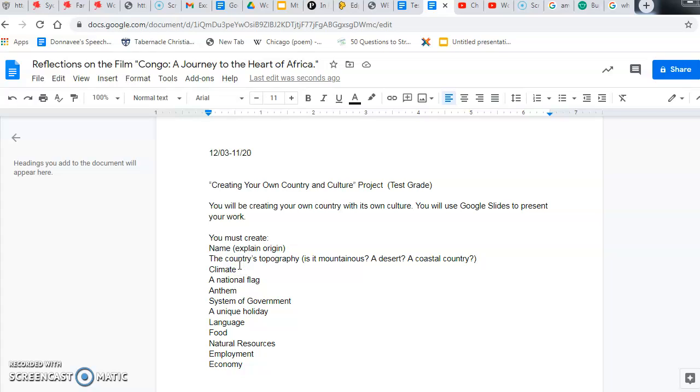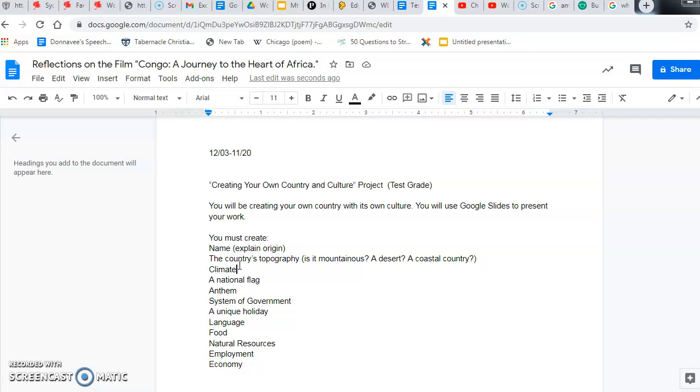The next one that you're going to need to create for a slide is climate. So you're going to want to ask yourself, what type of climate does my country have? Now it's important to recognize that the topography is going to have a direct correlation with your climate.